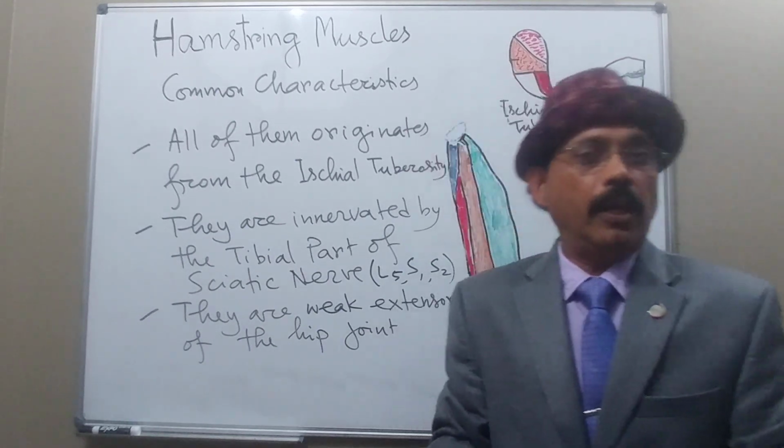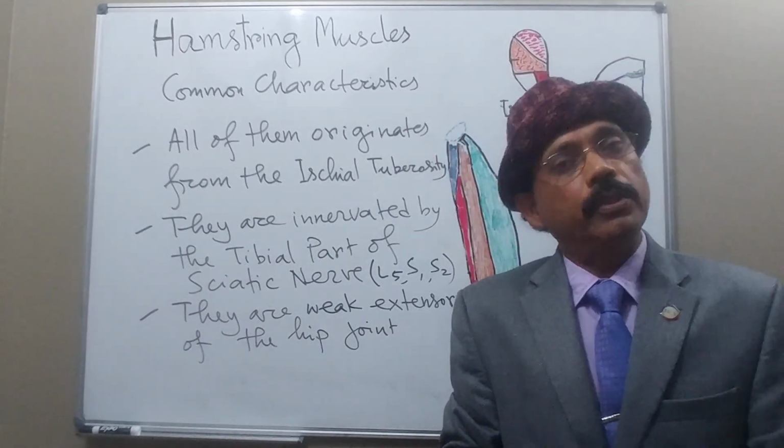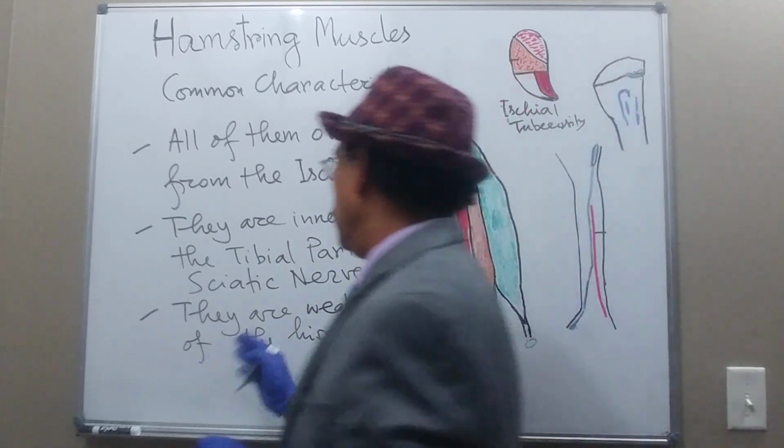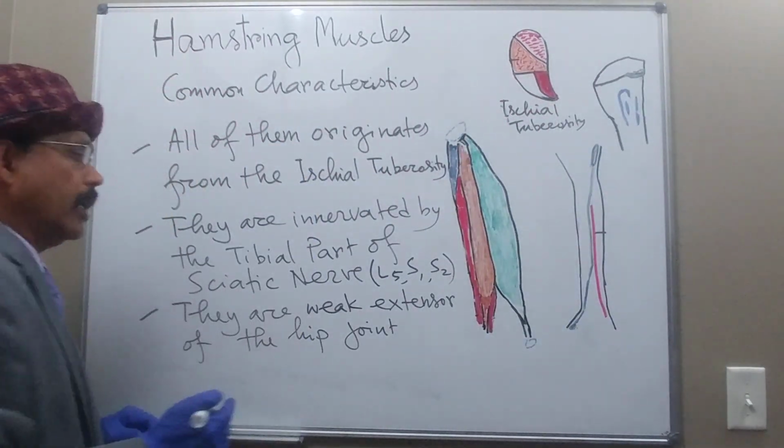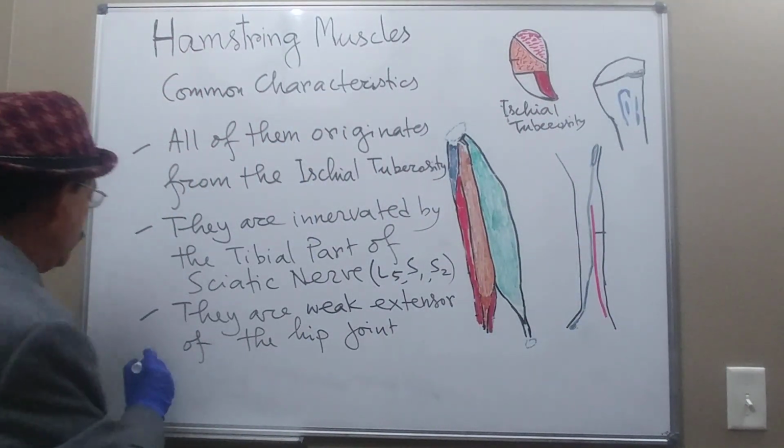The strong extensor of the hip joint is the gluteus maximus. So our hamstring muscles are weak extensors of the hip joint.